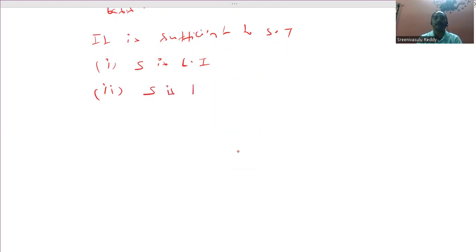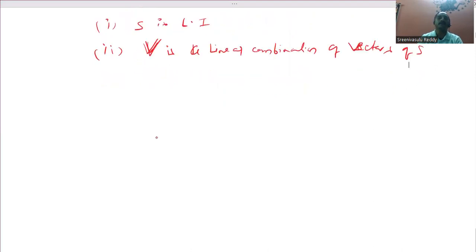The second condition is that V is a linear combination of vectors of S. That's all for the first one.